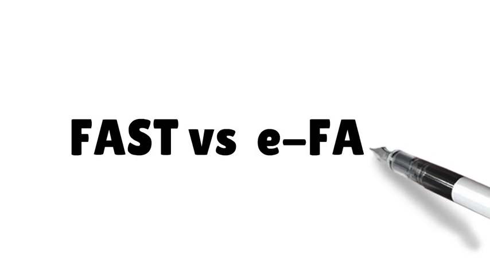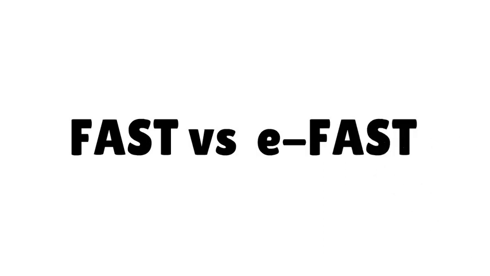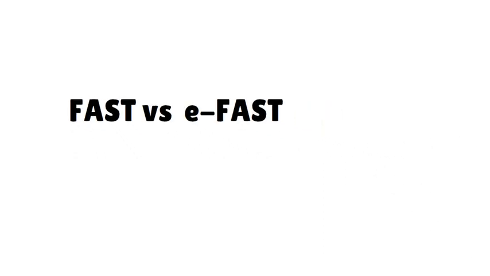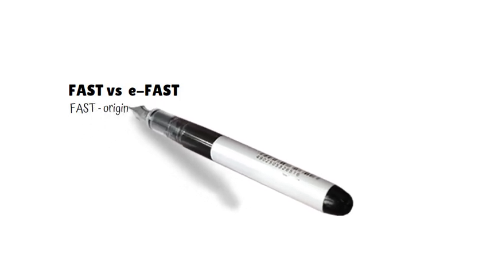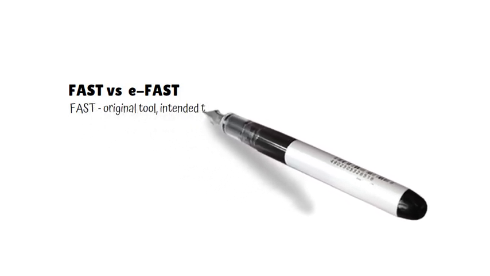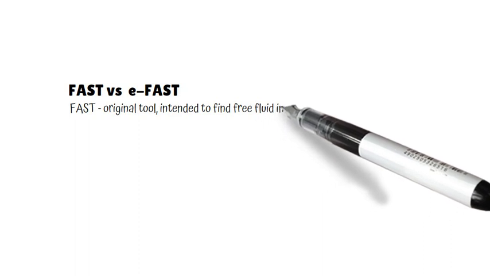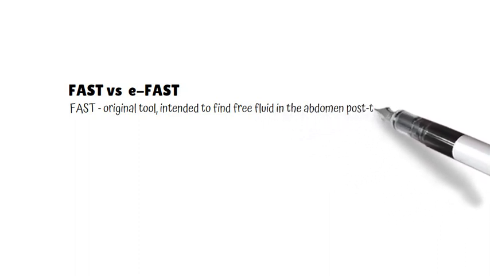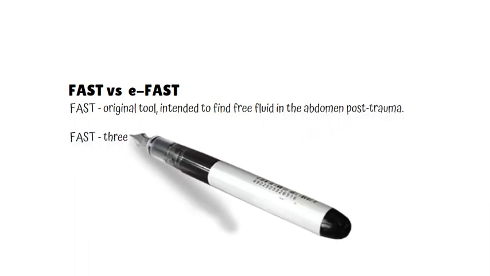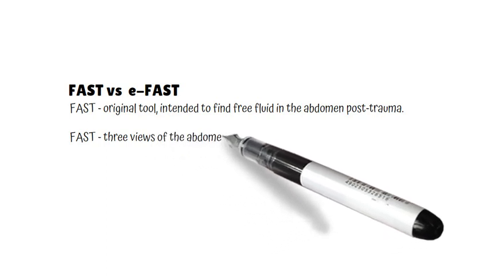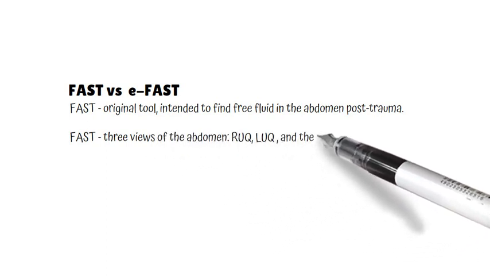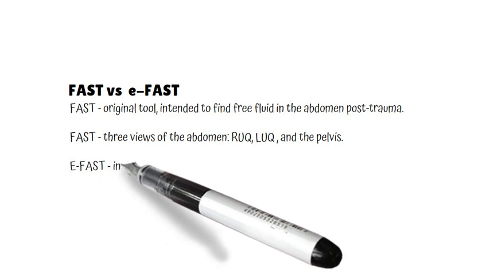Let us just briefly compare FAST and eFAST. FAST was the original screening tool that intended to find free fluid in the abdomen after trauma. It only looked at three views, that is the right upper quadrant, left upper quadrant, and the pelvis.